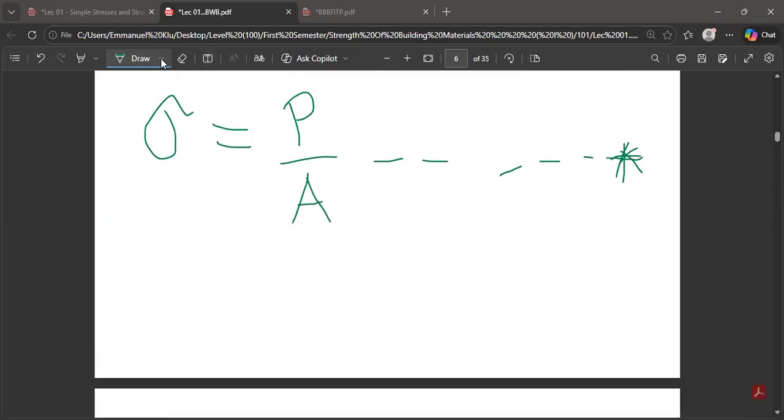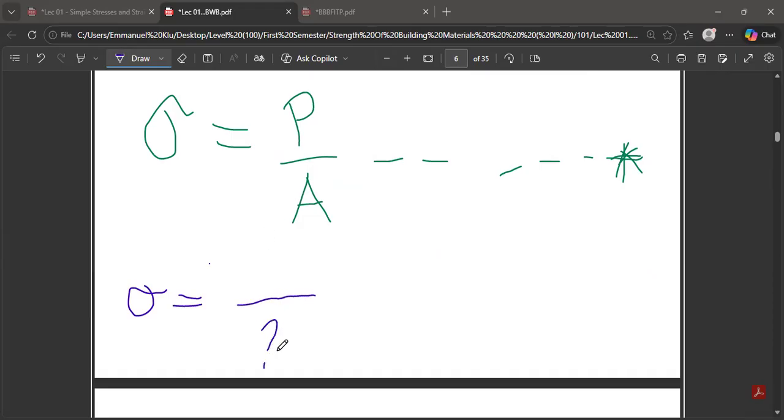Okay. So from here we say that the P is known, but the A is unknown. So for the A, I'm going to put a question mark over here, but the P, we say the P is equal to 20 kilonewton. That is 20 times 10 exponent 3 Newton.